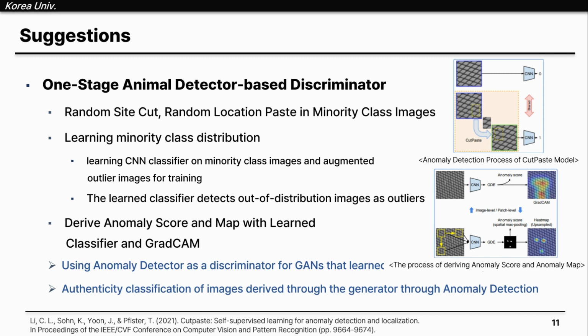The purpose of the model is to use the anomaly detector, which has learned the distribution of minority class images, as a discriminator for the GAN. This classifies the images generated by the generator to match the distribution of minority class images through anomaly detection.